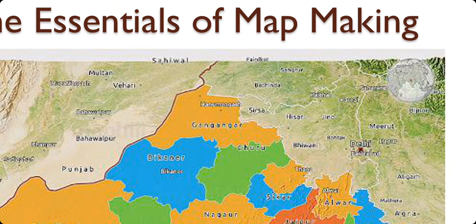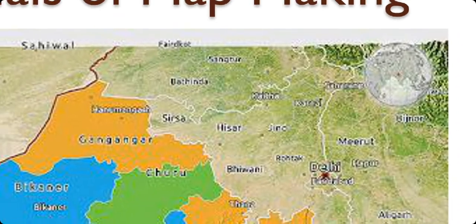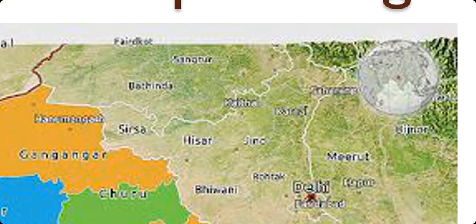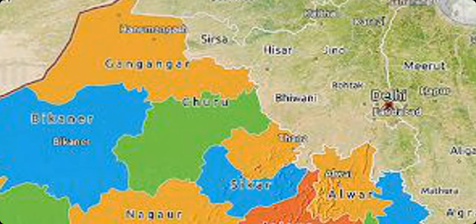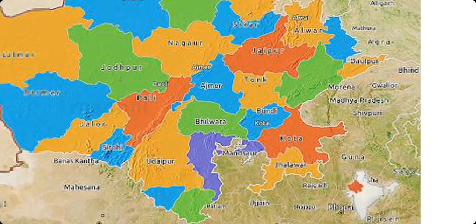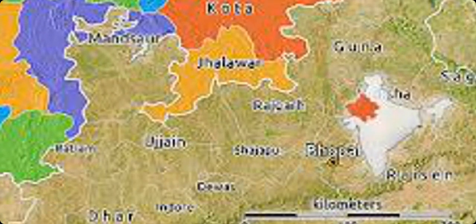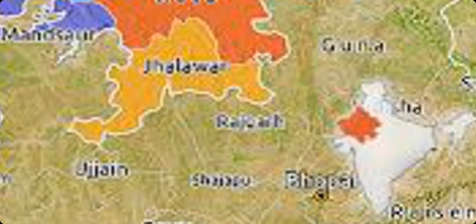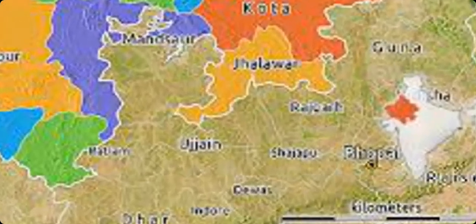Then you can also see on the right hand side corner the map of Asia. It's not very clear in this representation, but it shows a dot there, and that is the dot being represented by the state here. On the bottom right hand corner, you have the map of India, and you have a red patch there, and that patch is the state of Rajasthan.